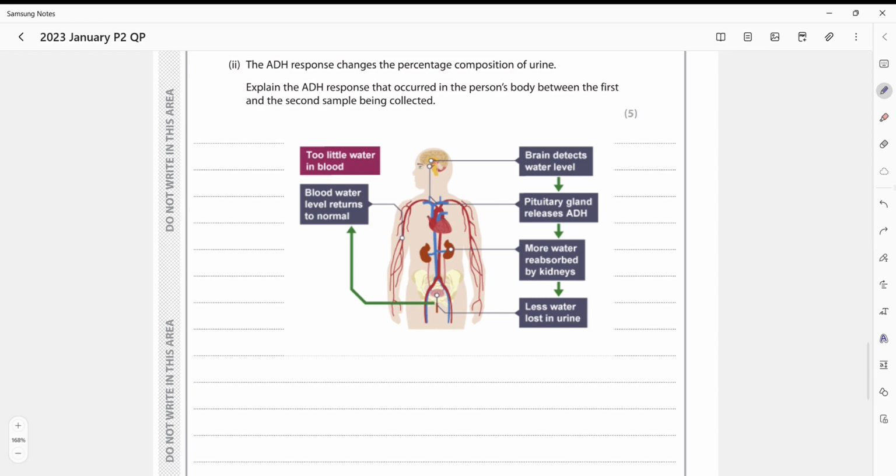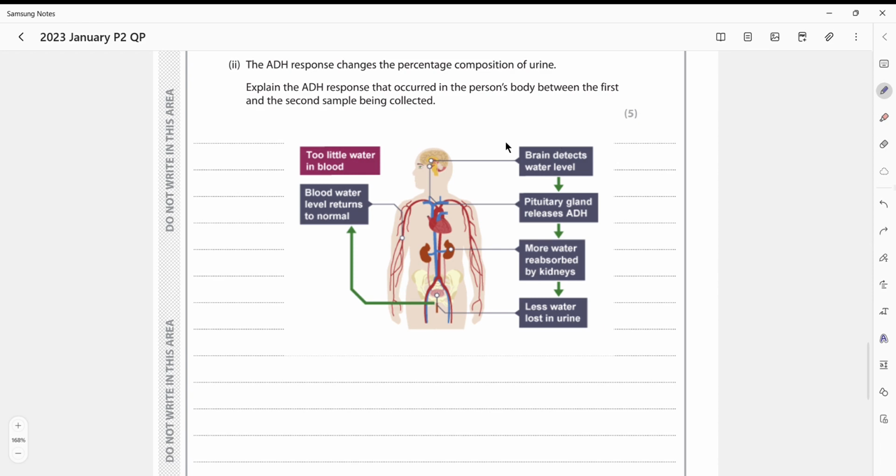ADH gets secreted into the blood and will reach the kidneys, and specifically it targets the collecting ducts. So the collecting ducts become more permeable to water, and therefore more water gets reabsorbed. And because more water gets reabsorbed back into our body, less water is being lost as urine. And so therefore our blood water level returns back to normal.